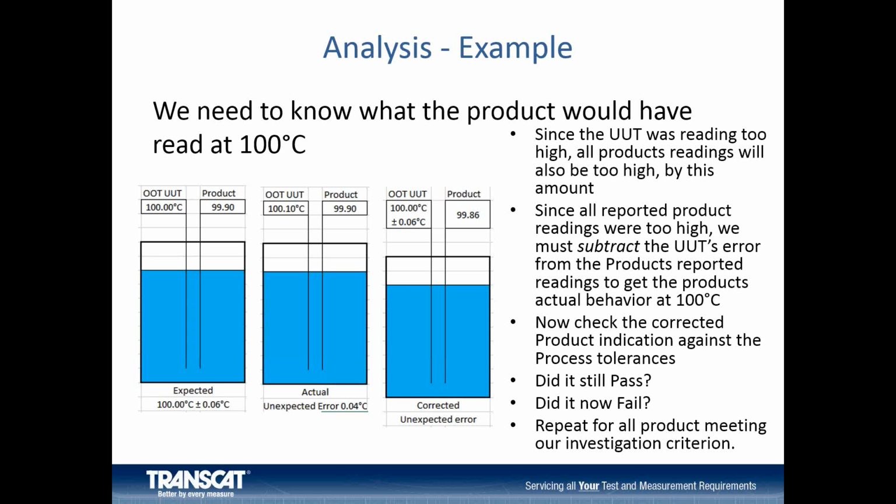Since all reported product readings were too high, we must subtract the UUT's error from the product's reported readings to get the product's actual behavior at 100 degrees. Now recheck your product indication against the process tolerances. Okay? So when you first read and recorded your product, it read 99.90.